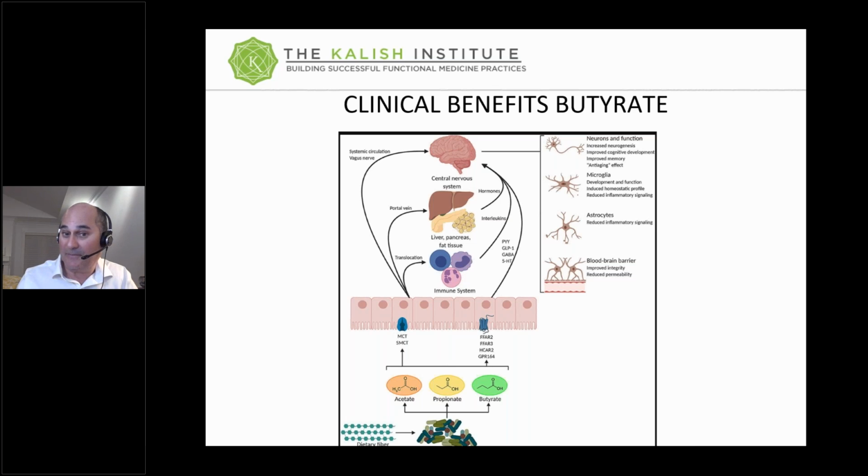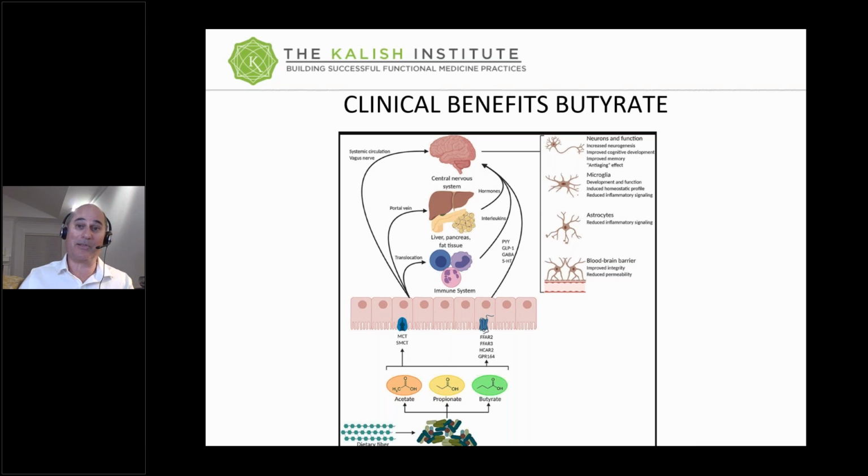Butyrate has a very, very powerful effect on the brain. Who would have thought? You eat fiber and polyphenols, but primarily fiber, and the gut bacteria convert that fiber. You need the polyphenols also to help the gut bacteria, but when you eat fiber, the good gut bacteria make short chain fatty acids: acetate, propionate, and butyrate. Butyrate's the most famous one, so we usually just talk about that.